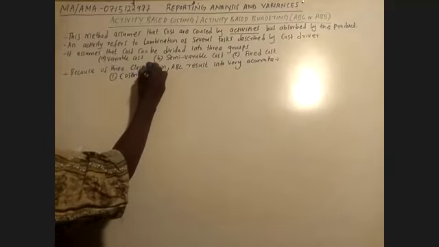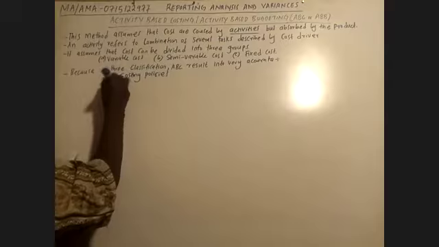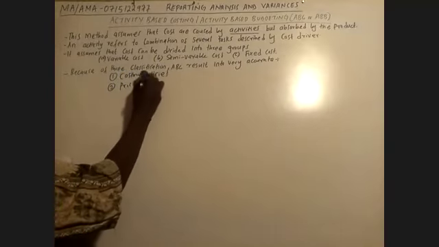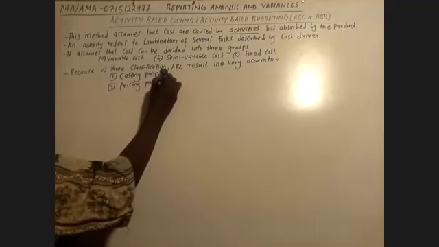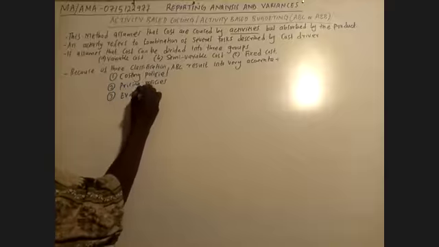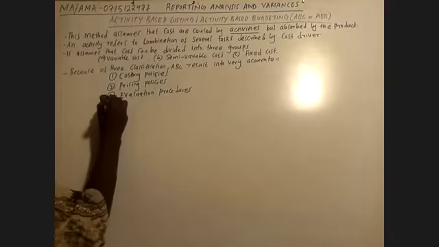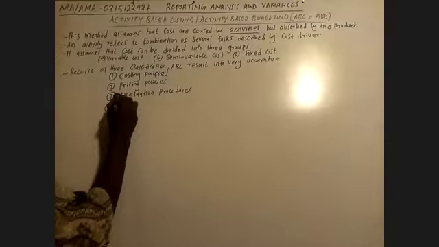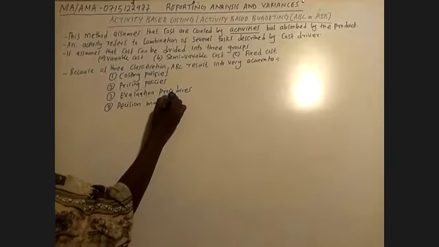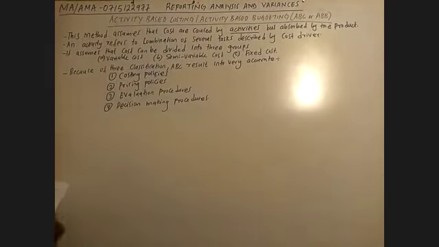Because of those subdivisions, this method is good for costing policies. Number 1, costing policies. Number 2, pricing policies. Number 3, performance evaluation procedures. Number 4, decision making procedures. That one is okay. We don't need to talk about it more.